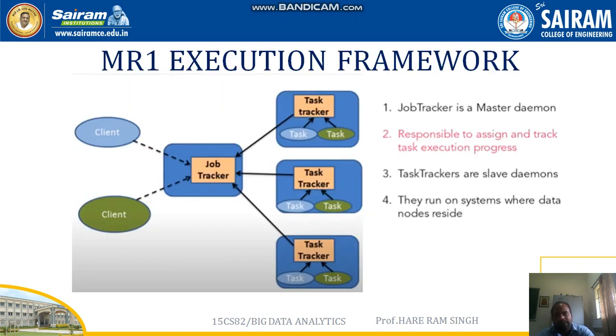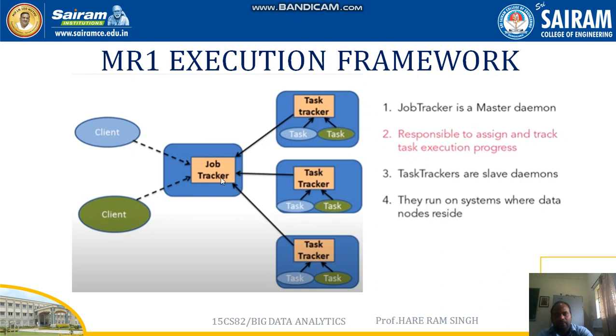Now let us see the framework of MapReduce version 1. When YARN was not there, how were things done? In the master node, we used to have a job tracker, and in the slave node, we used to have a task tracker.